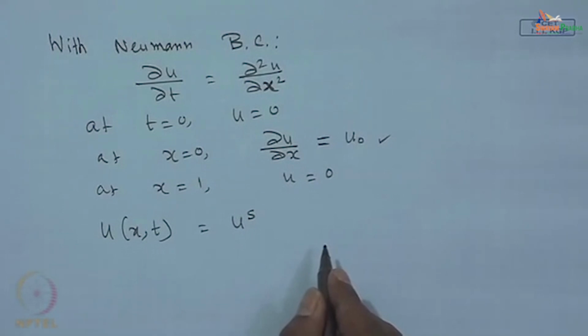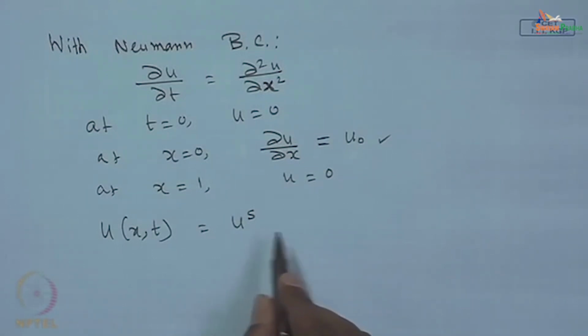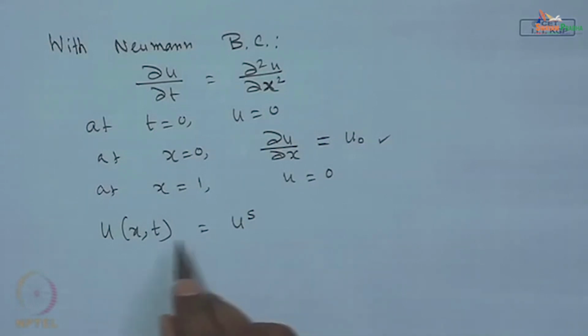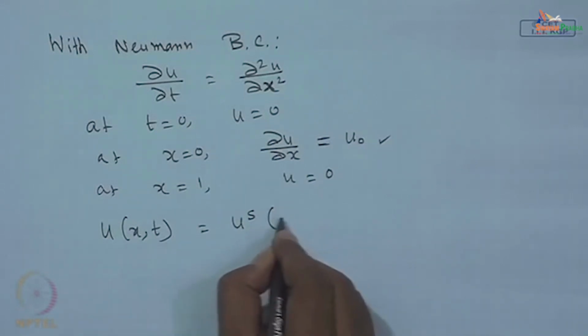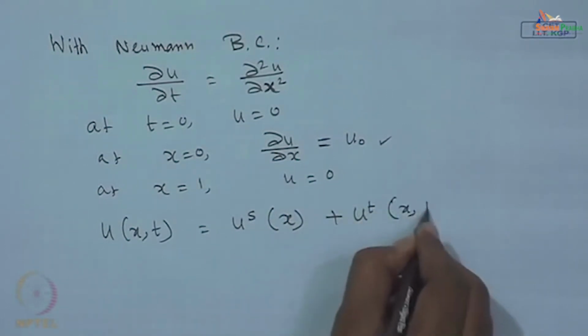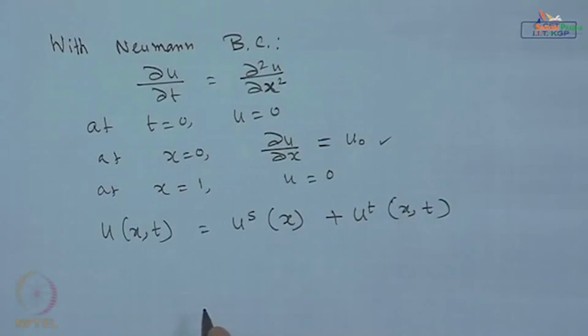I think that will be quite logical, because u subscript t sometimes is defined to denote del u del t. So, in order to avoid confusion, let us put s for steady state part and t for time varying part as the superscript. So, u of x is u s, a function of x only, and u t is a function of space and time both.